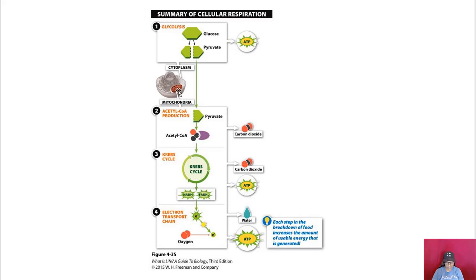And then in the mitochondria, the pyruvate is broken down further. It's sent into the Krebs cycle. We get out more ATP. We get some carbon dioxide, which we breathe out. We send it through the electron transport chain, which is studded along the inner bag of the mitochondria.